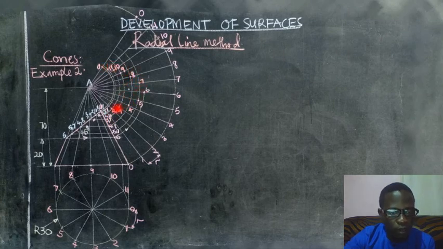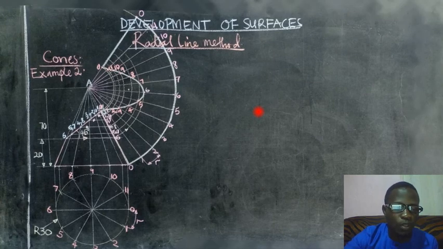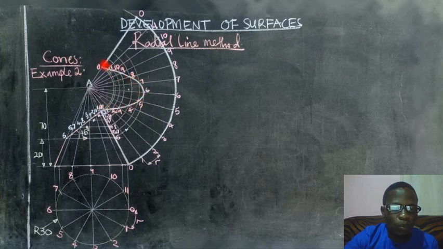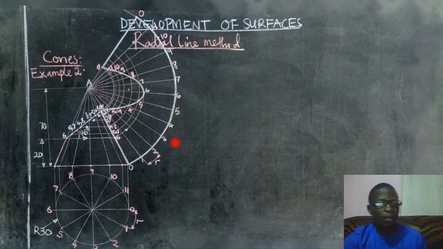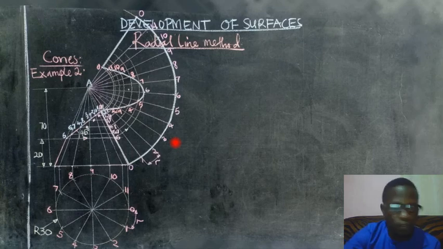And you're seeing those points making a simple curve. Now, when you join those points using freehand, making your development complete, you see a shape of that kind. This time I'm not going to include the base or the circle on the base. I can just leave it at that.